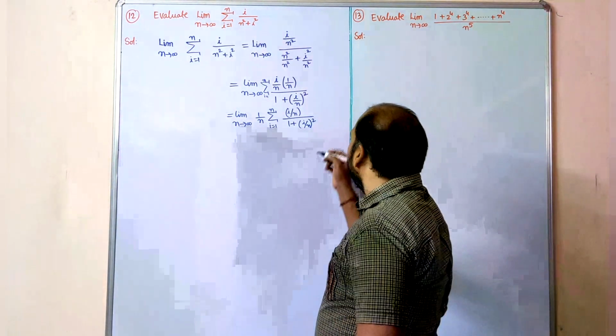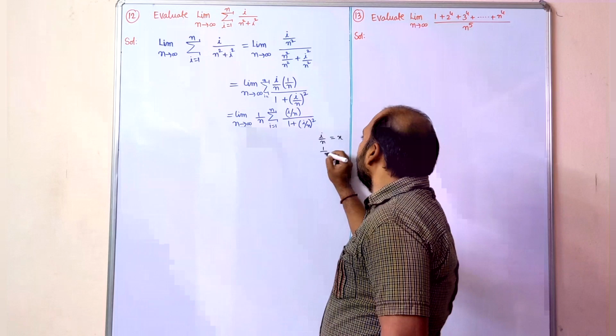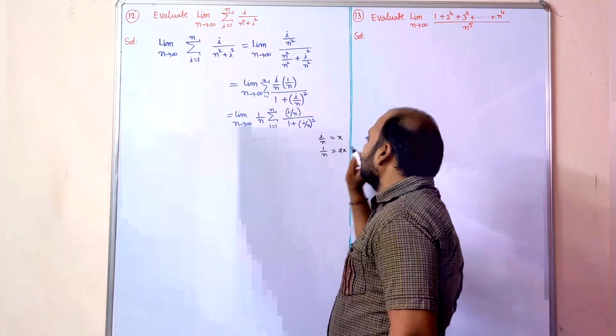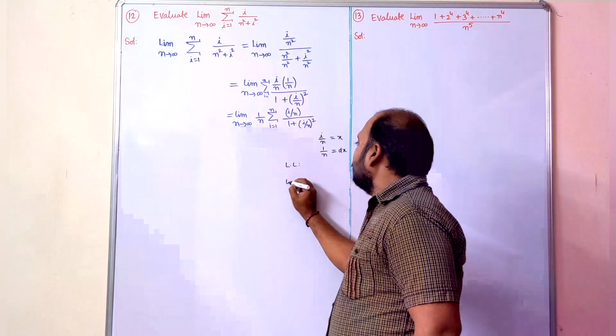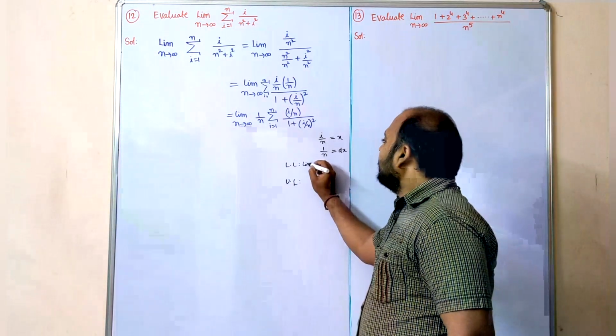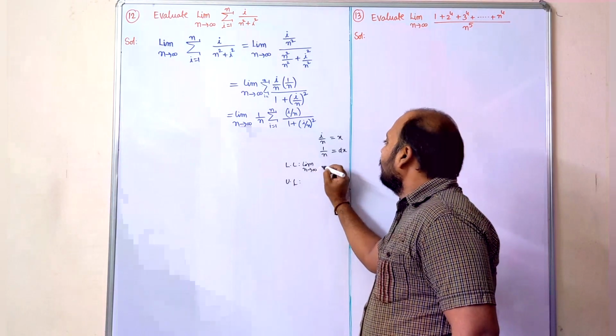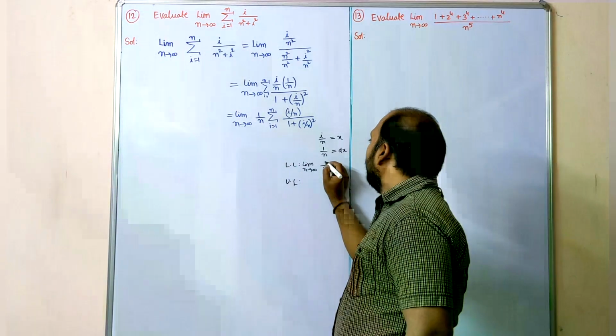After that what we have to do, our duty is wherever i by n is there x, 1 by n is there dx. So find out lower limit and upper limit. Lower limit n tends to infinity, total parts n denominator. So initial value of i is 1.